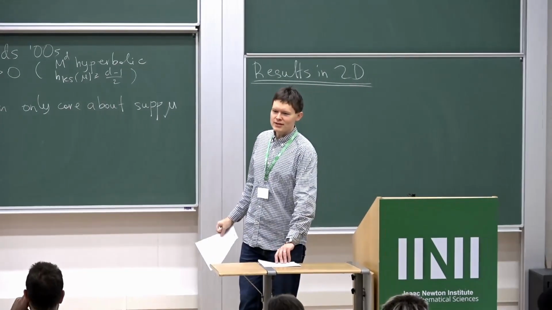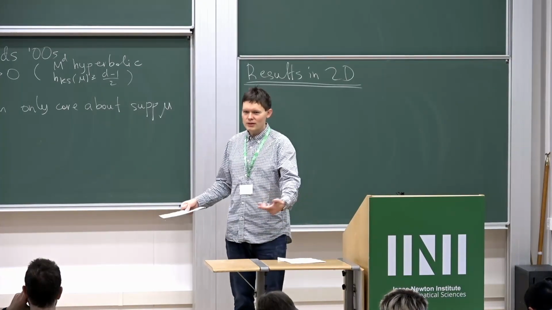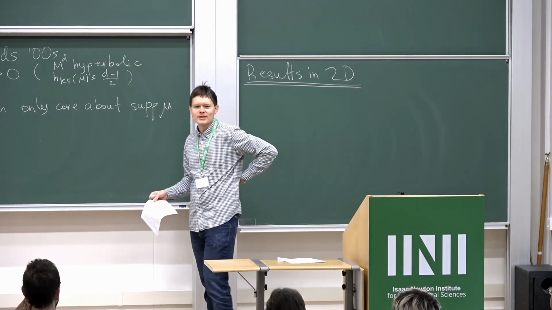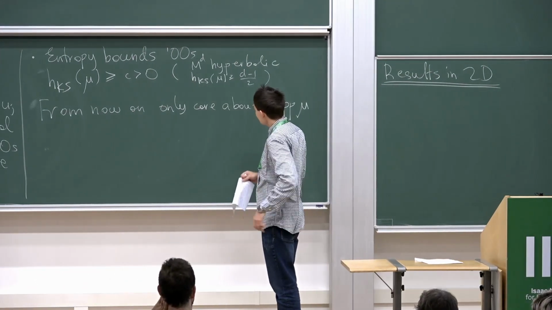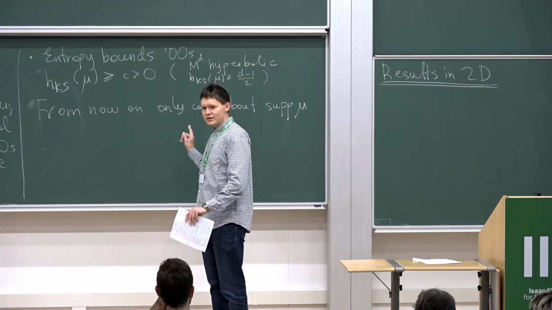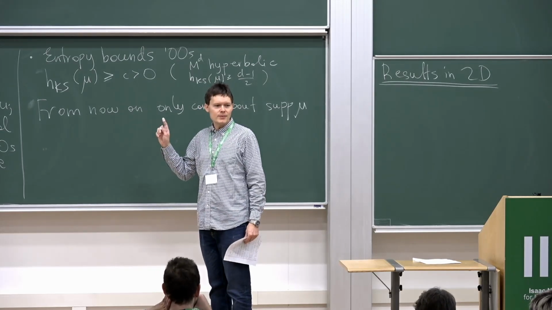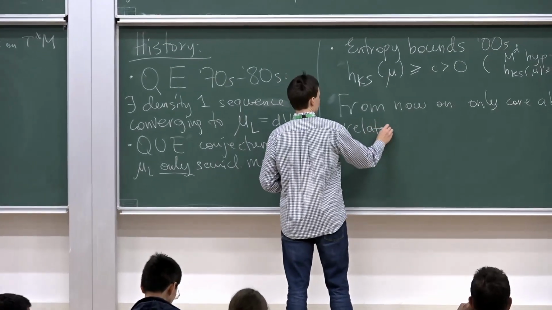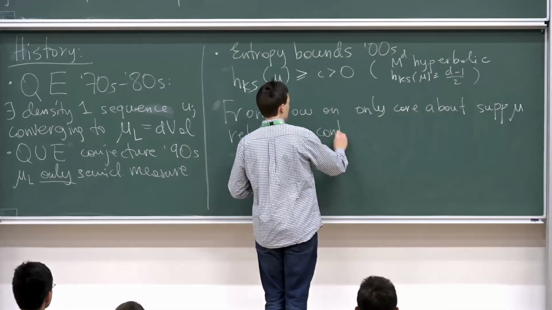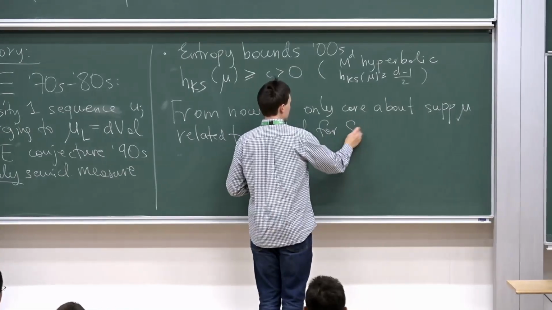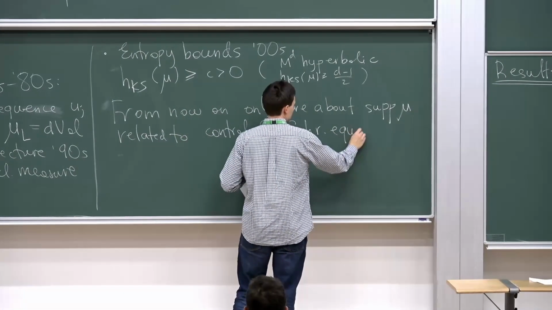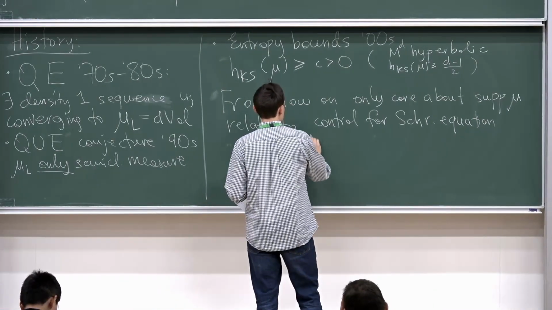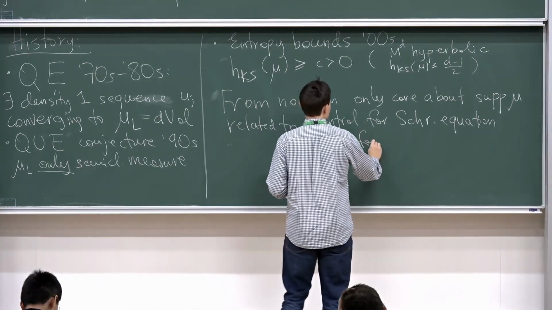Of course, understanding the support of the measure gives you less information than understanding the measure itself. If pressed, I can provide some examples of how that's quite different. But understanding the support of the measure does have some applications of its own. In particular, it's related to the question of control for the Schrödinger equation, and also to decay for the damped wave equation.